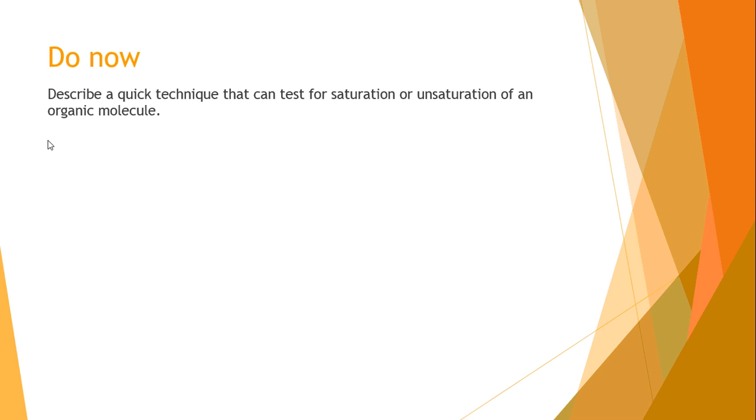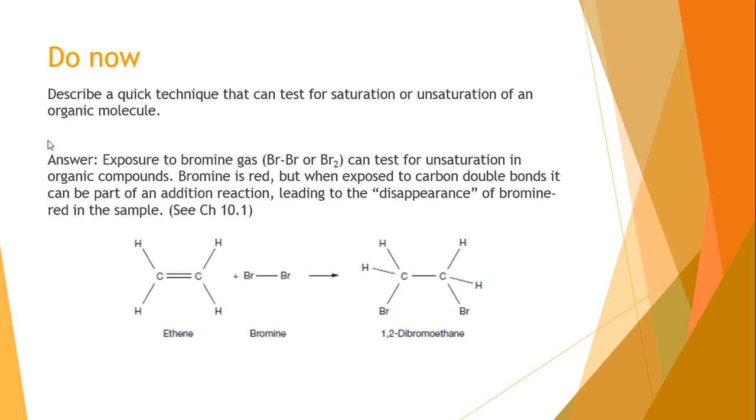Okay, you found your answer? If you haven't, press pause because I'm going to show you the answer in 3, 2, 1. Alright. If you have an unsaturated organic molecule, for example, like this ethene molecule here, you can expose it to bromine, Br2, and it can test for unsaturation by reacting with that double bond and changing its color.